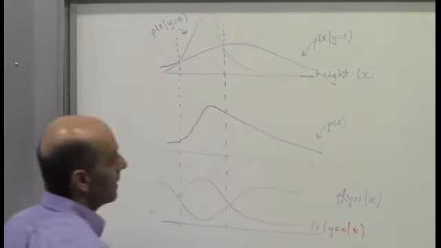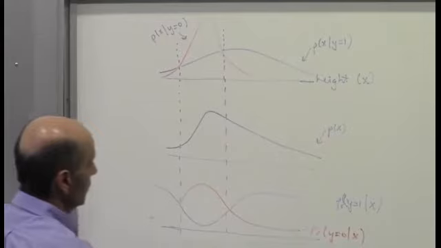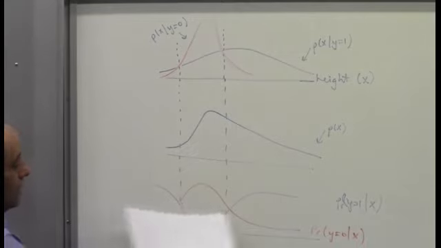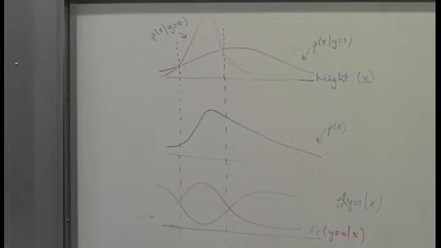Now, the uncertainty of my classifier. This is my posterior probabilities. I can tell you how probable it is that I'm in class 1 or class 0 based on this posterior probability. But what about my uncertainty? What I want to know is the variance associated with my estimate given x.